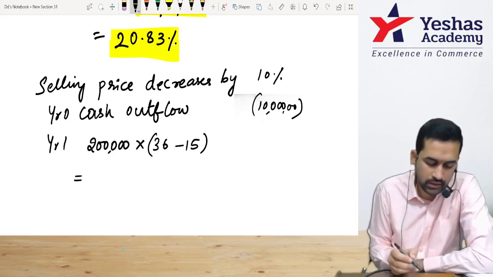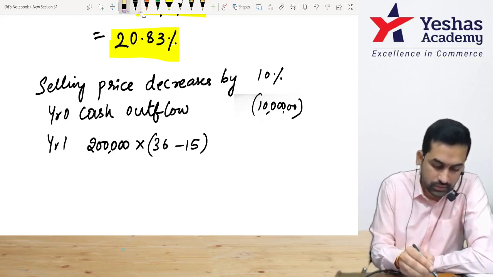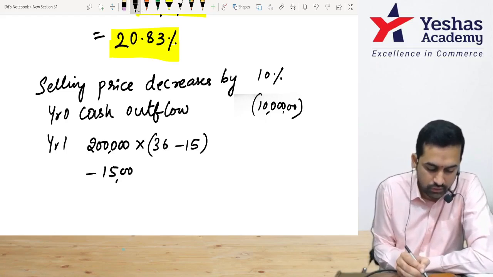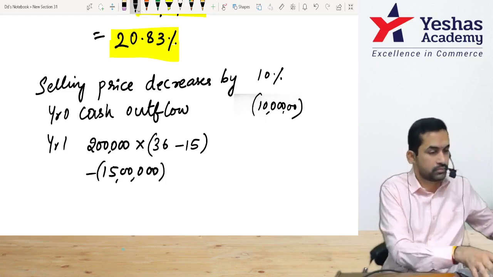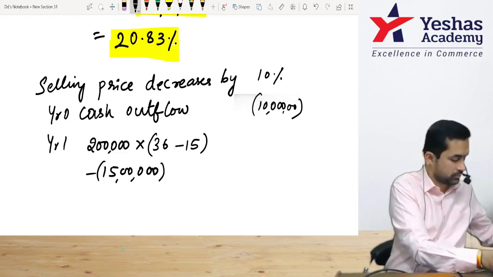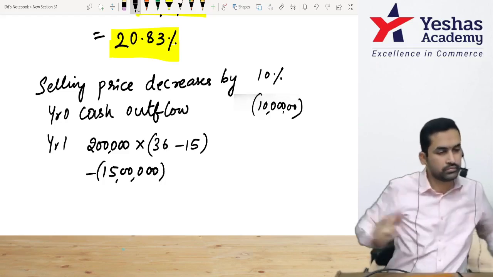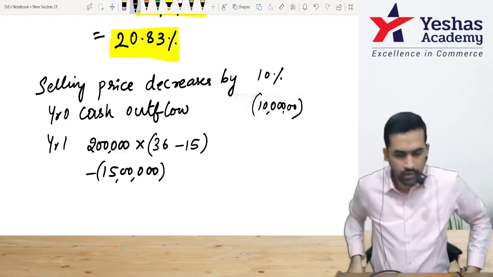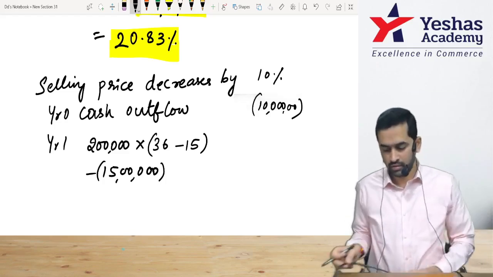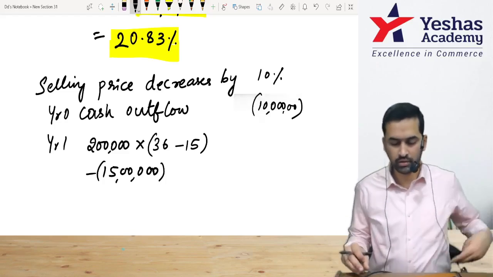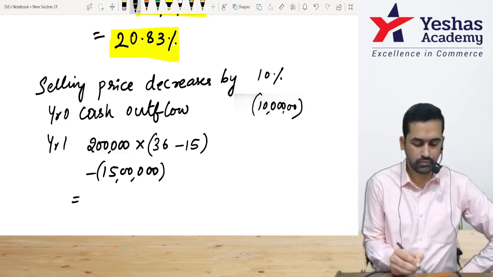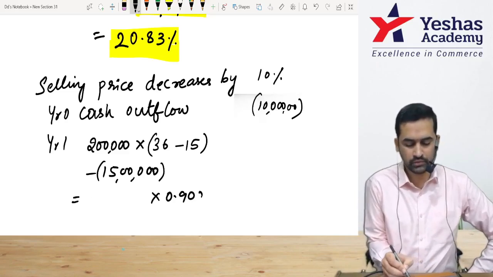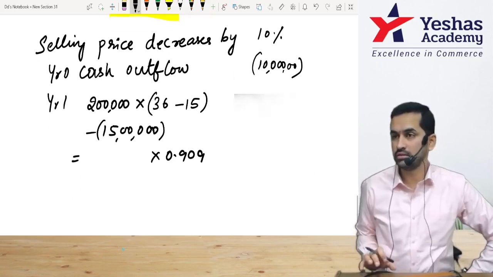This will be contribution now. From this, if you take out fixed cost of 15 lakh, that into 0.909.